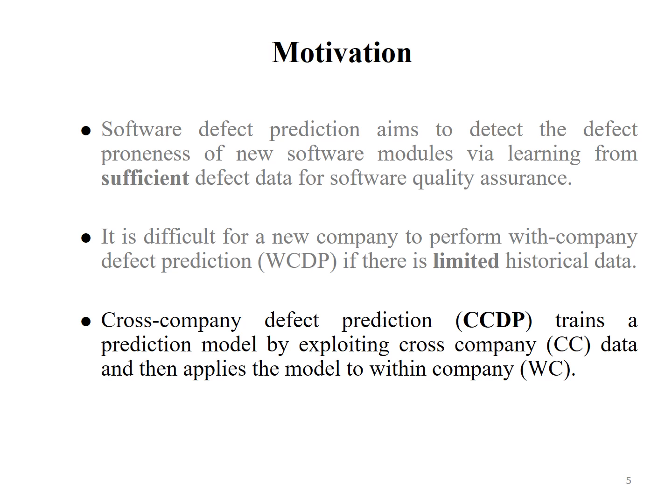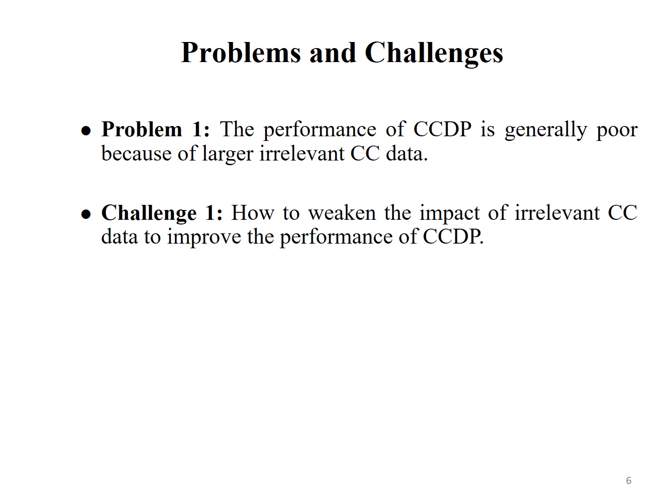Cross-company defect prediction (CCDP) is a practical approach to solve the problem. It trains a prediction model by exploiting cross-company data and then applies the model to within-company data. However, the performance of CCDP is generally poor because of large, irrelevant CC data.